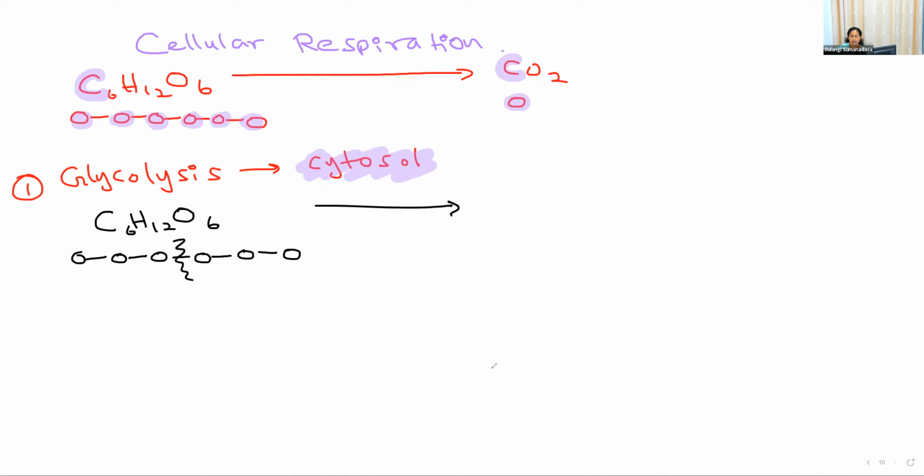You're just splitting the 6 carbon into half, so the product is going to have 3 carbons each. Like last year, when you split glucose in glycolysis, the product is pyruvate. You don't have to know the chemical formula, just pyruvate, and you must know it as a 3 carbon compound.